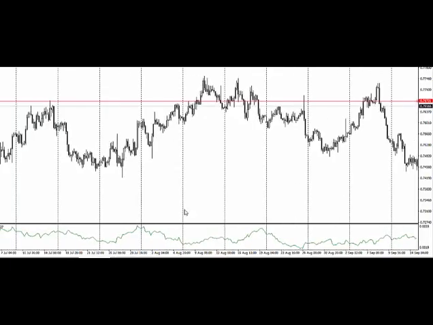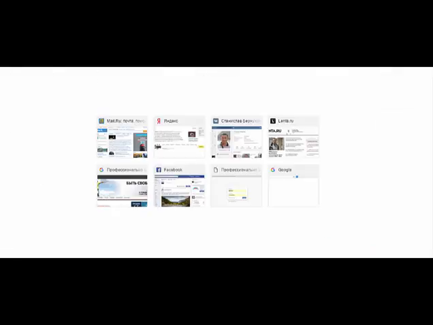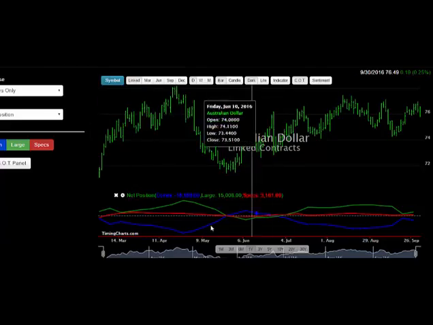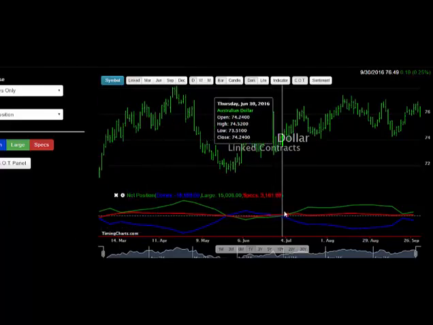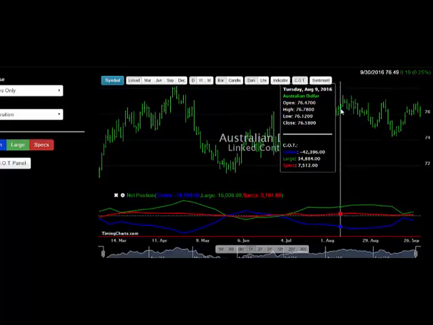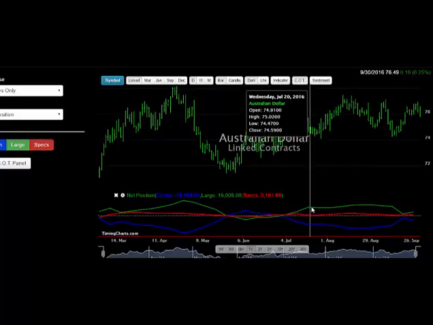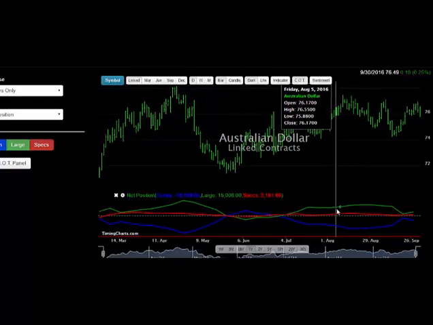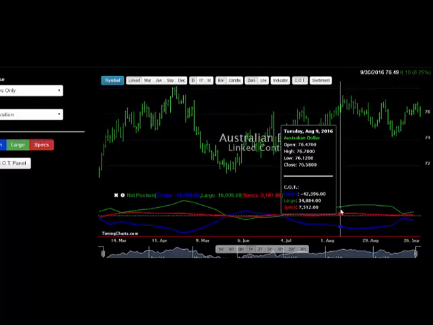Why is it so? Well, we might not have a direct answer on this question, but when the market was located here on August 9th, we have seen that the delta, or the difference between short and long positions on COT reports, was already net long. In other words, speculators, which is green line here, they were holding long positions more than short positions.